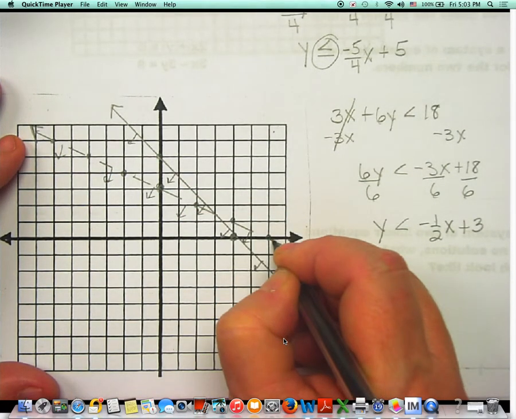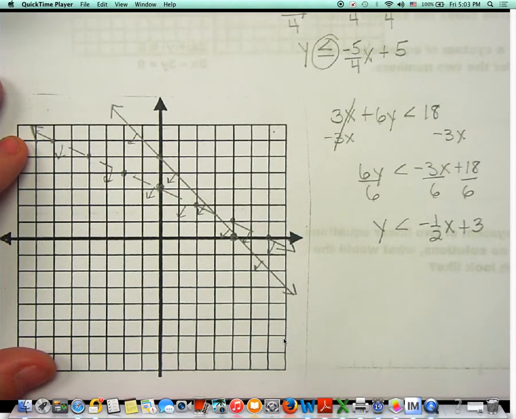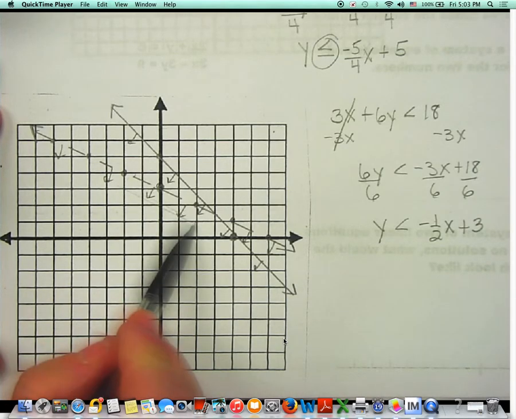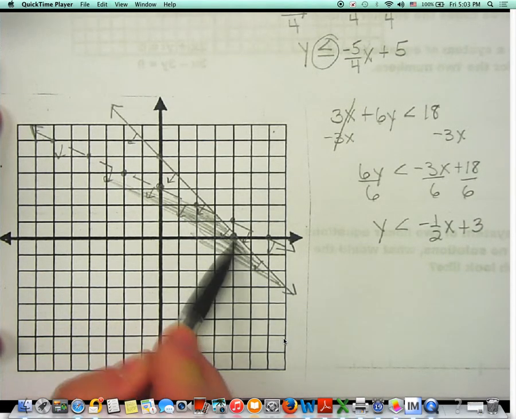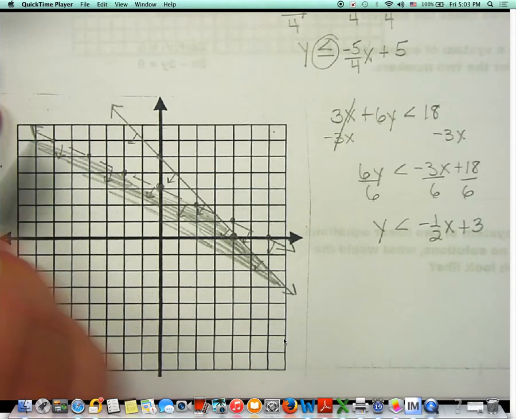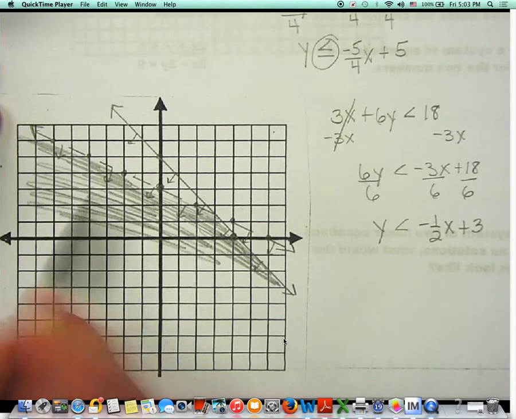We're shading below. All right, and the part where the arrows intersect would be this part here, this entire area underneath.